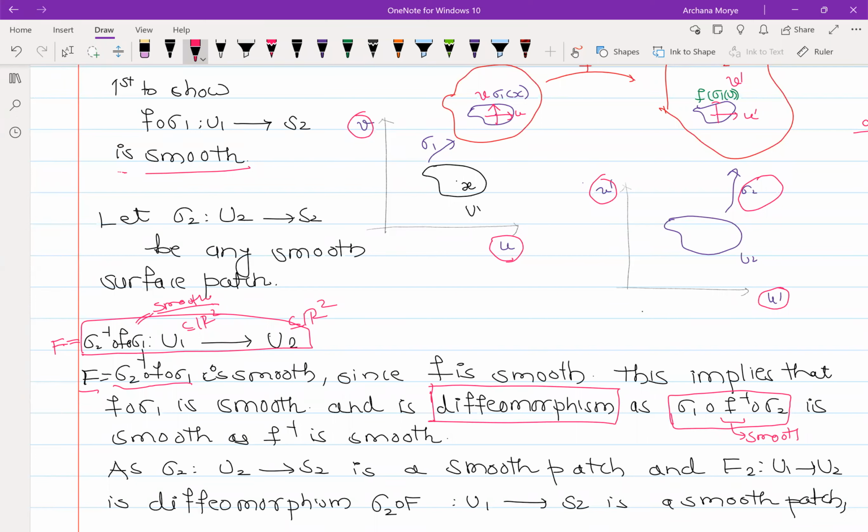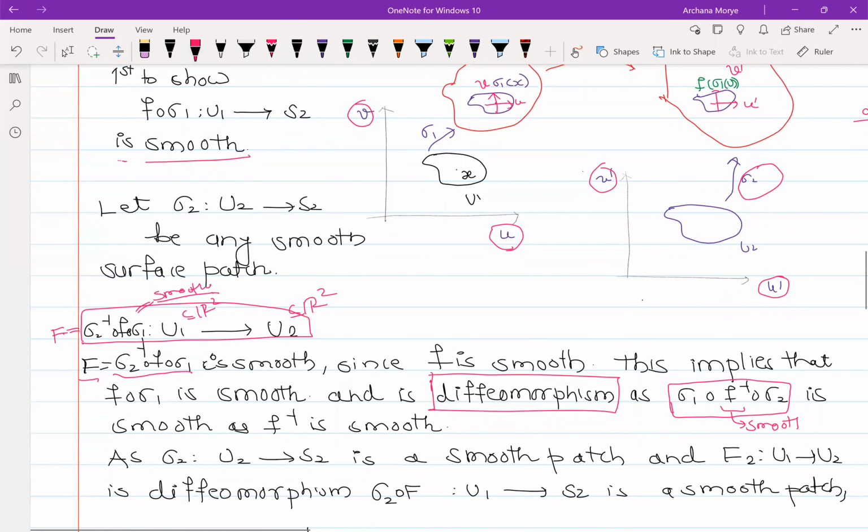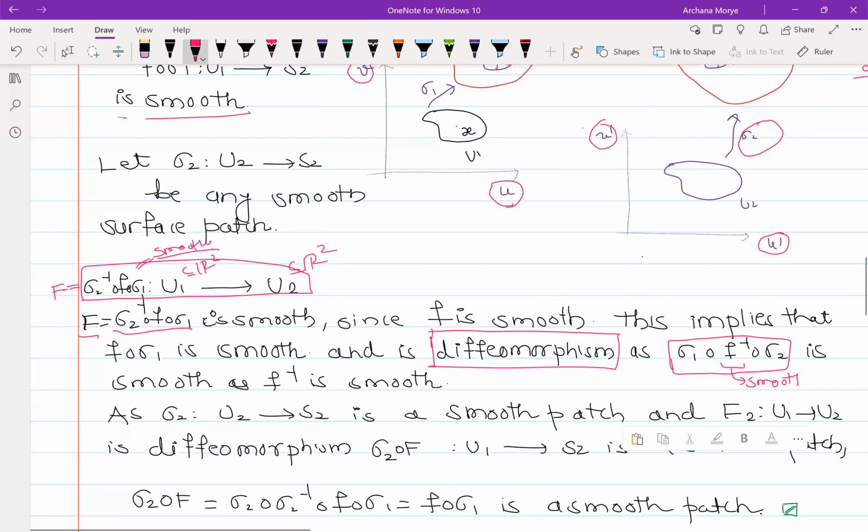Yes, ma'am. Okay, so now capital F is a diffeomorphism from U1 to U2. If you remember from last class, we have this sigma 2, a surface patch from U2 to S2.